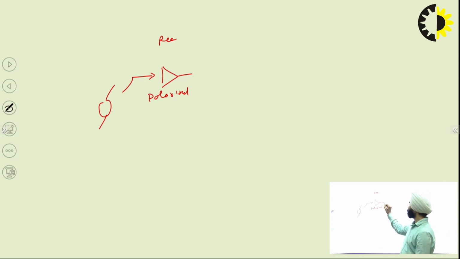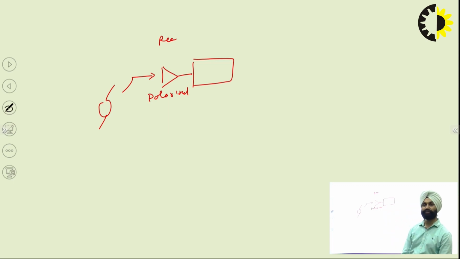After this, we must use a low noise amplifier, LNA. This low noise amplifier generally does not add any noise power. Any power that is amplified has the same signal to noise ratio as it was received, so the signal to noise ratio does not change in this low noise amplifier.